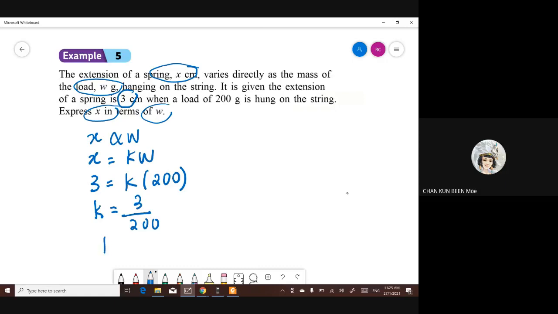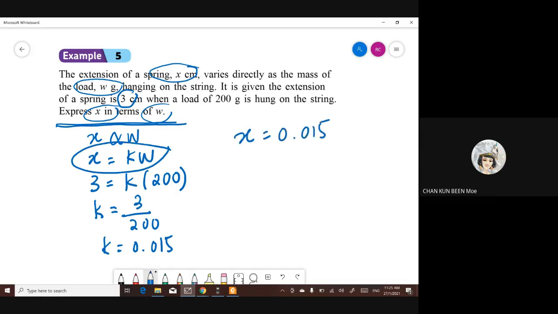Okay, so K equal to 0.015. Okay, then last part, express X in terms of W. So go back to this, X equal to 0.015 to represent the K that we get just now, and copy down W. That's the last answer.